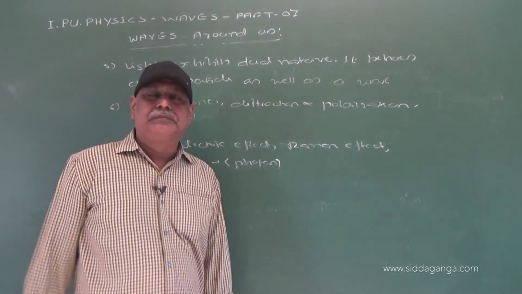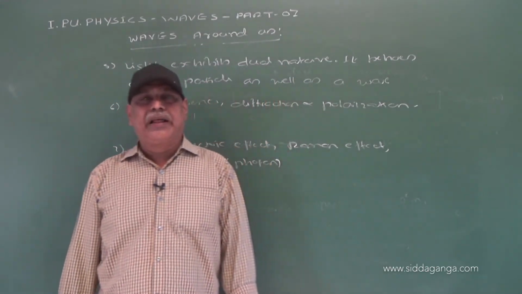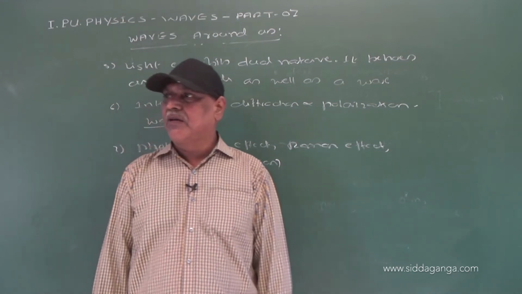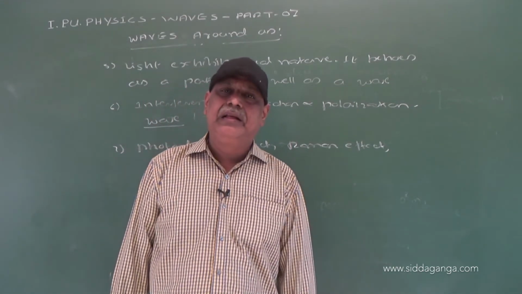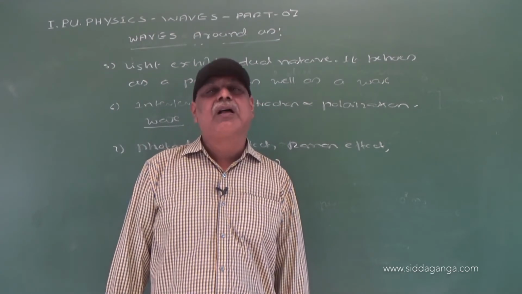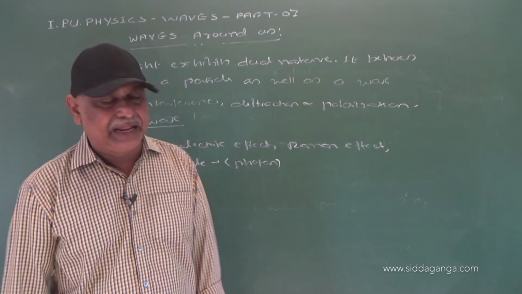So whenever the atoms of a material body are excited such that the electrons move from a lower energy level to a higher energy level, then the electron while coming back to the lower energy level emits light energy.